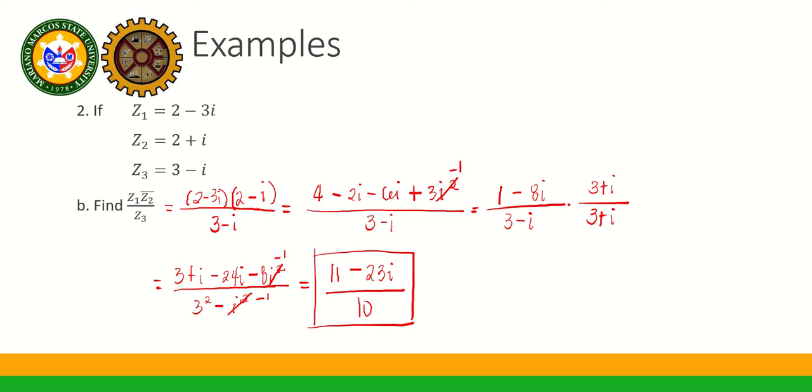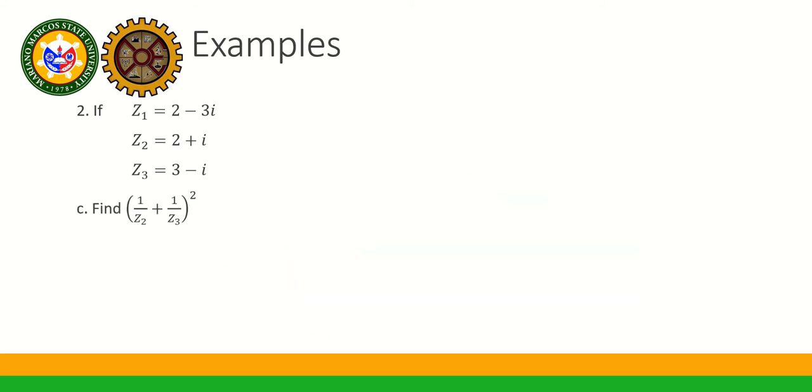Okay. So let's try letter C. 1 over z sub 2 plus 1 over z sub 3, quantity squared. So first is this one, 1 over z sub 2.